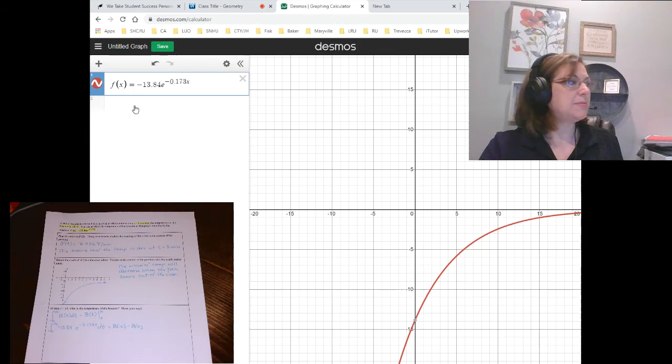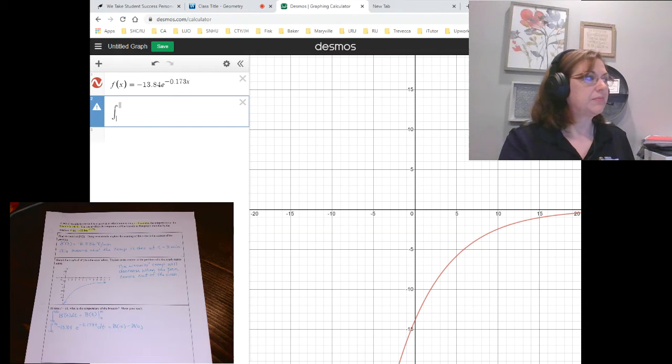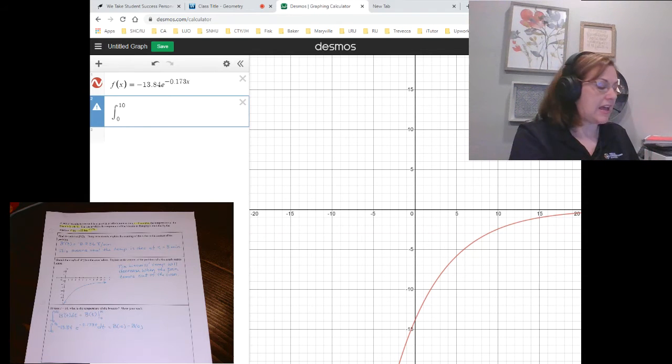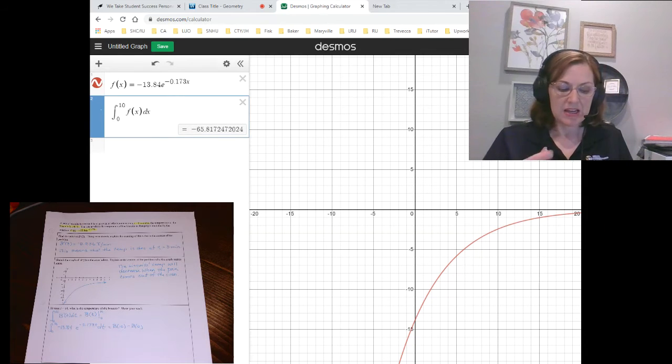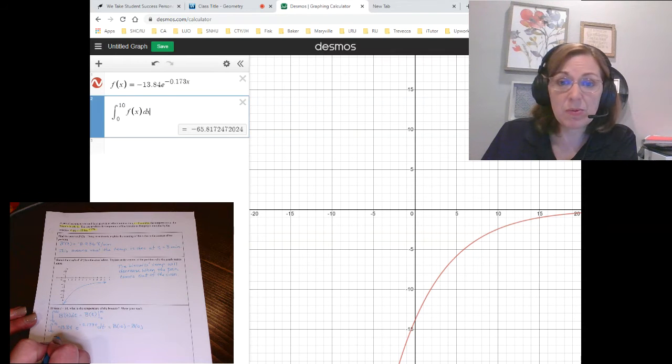And so Desmos is asking here, I'm going to do INT for integral. I'm going to put in my bounds 0 to 10. And friends, since I already have the derivative typed there in as f of x, I'll just put in f of x dx here. Keeps me from having to type it again.